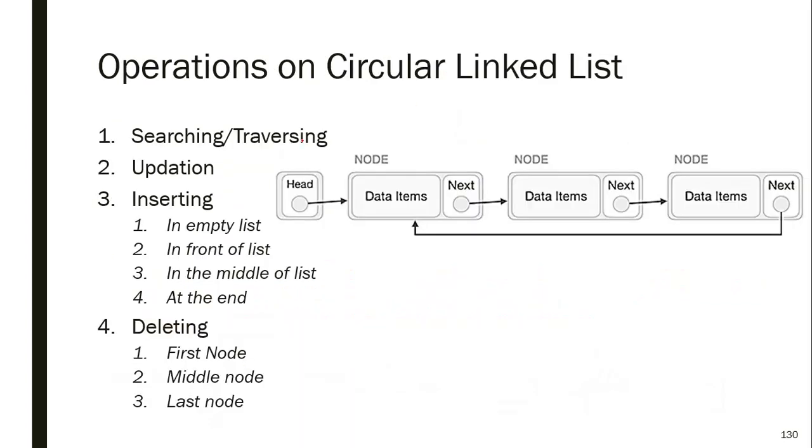The operations are the same. You can search from here. The condition in the while statement for searching was while current node is not equal to null. Now you can say while current node dot next is not equal to head, and when it becomes equal to head, it means that I have reached the last element. So you can control it.